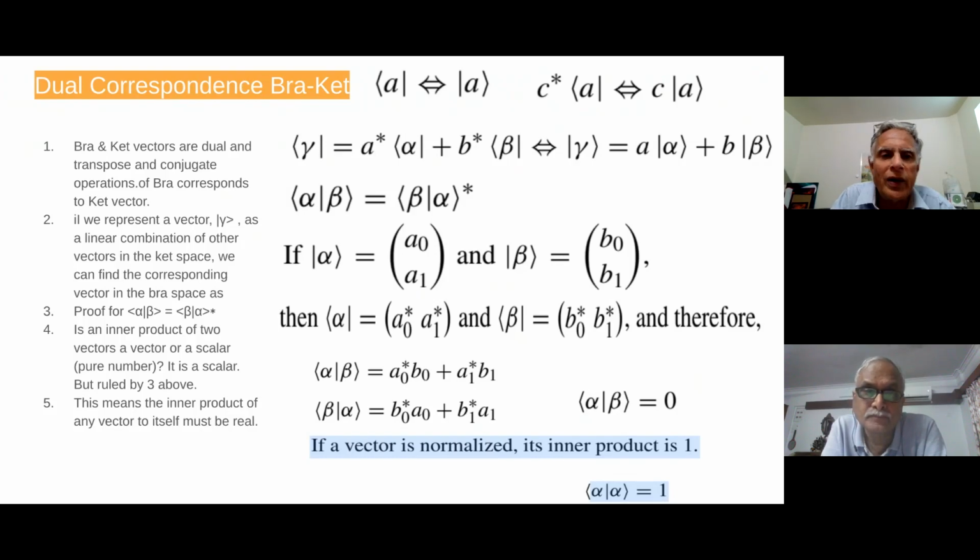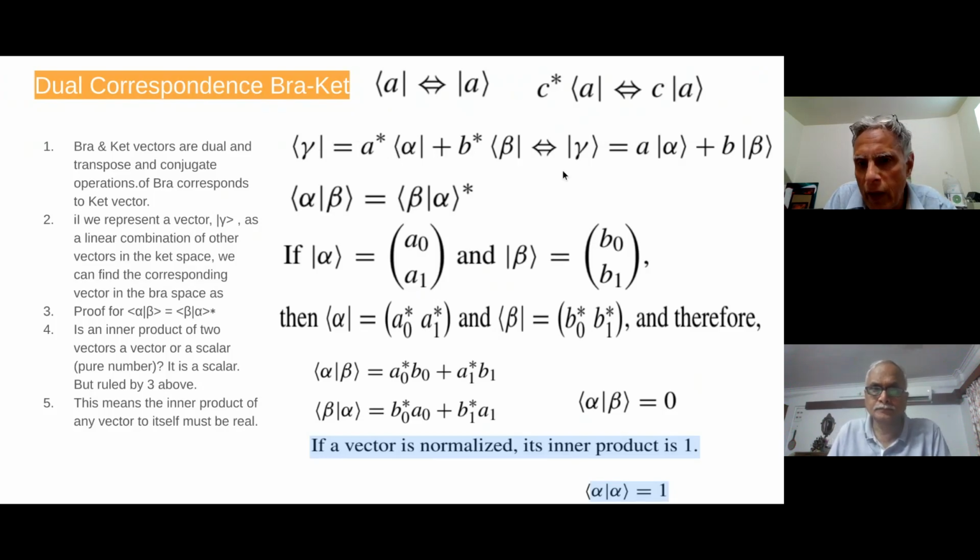Now if you have a vector which is a combination of vectors, suppose there is a bra vector gamma, a combination of vector states alpha and beta, then the bra vector is similarly represented as a ket vector by taking the conjugates.